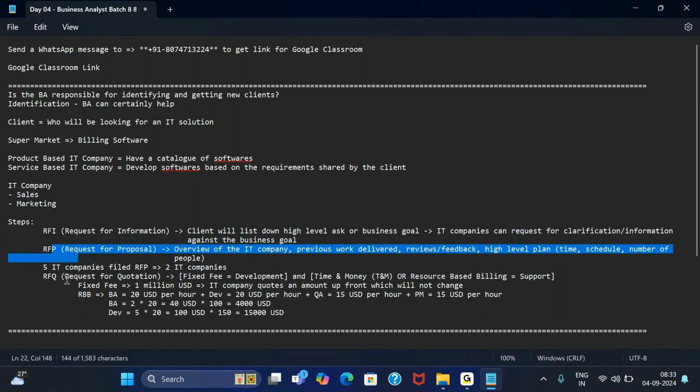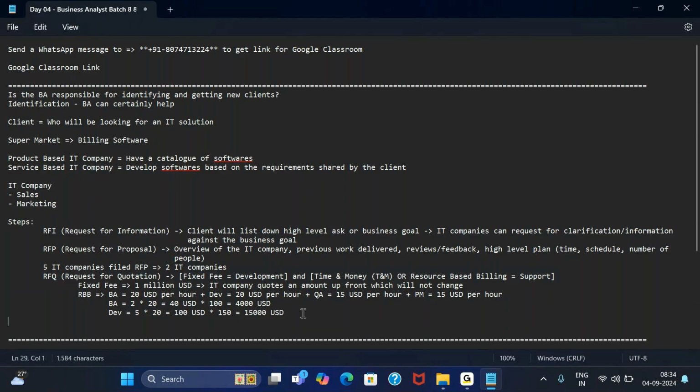And the last is, once the proposal is submitted to the client, the client will shortlist a few IT companies. Those shortlisted IT companies will be asked to submit a quotation. And it is up to the IT company to submit the quotation either in fixed fee manner or in time and money or resource based billing manner. So after this quotation, what will happen?